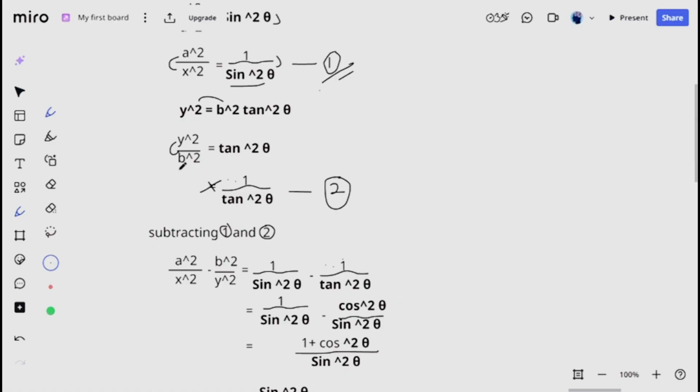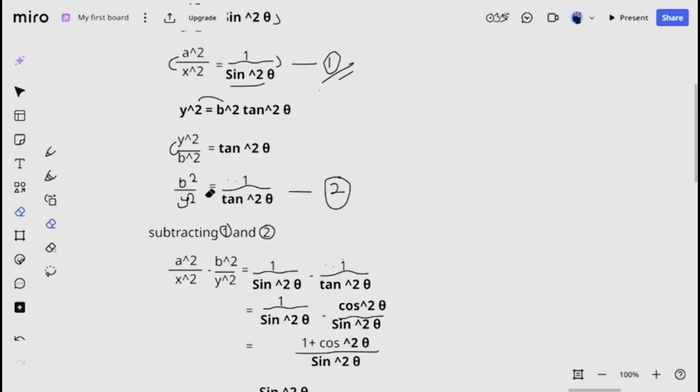This reciprocal, that means b square by y square, I can write simply b square by y square.